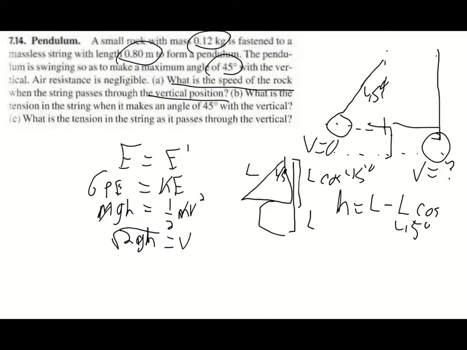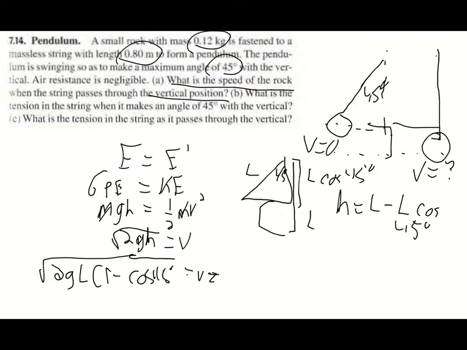The speed is going to be, I'll write it over here, the square root of 2g, I'm going to factor the L out, times 1 minus cosine of 45 degrees.